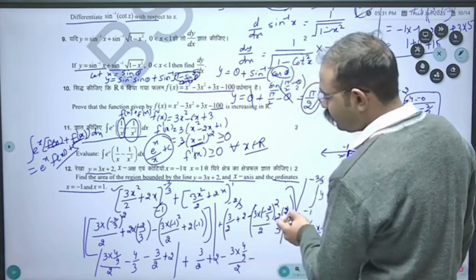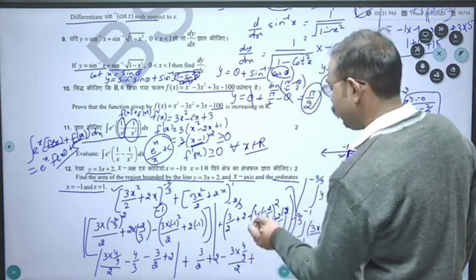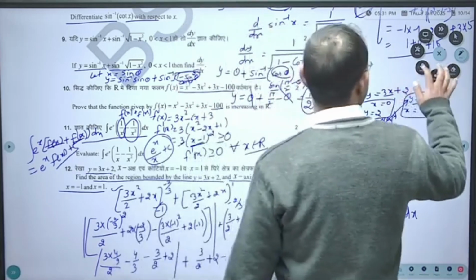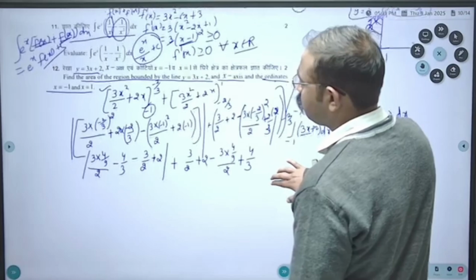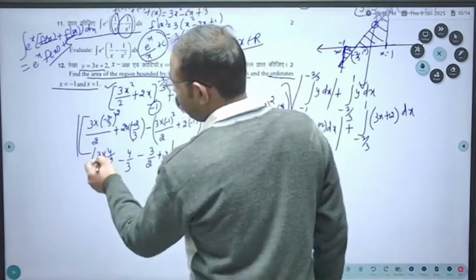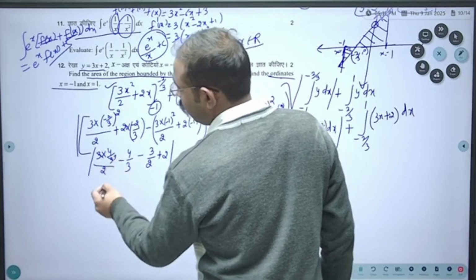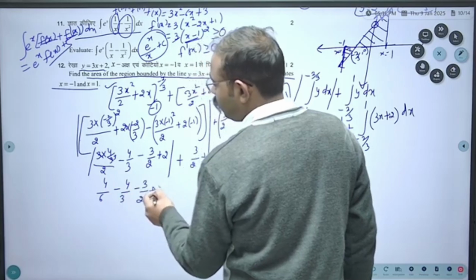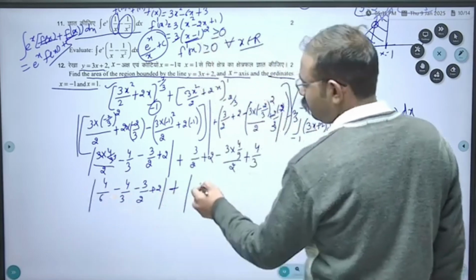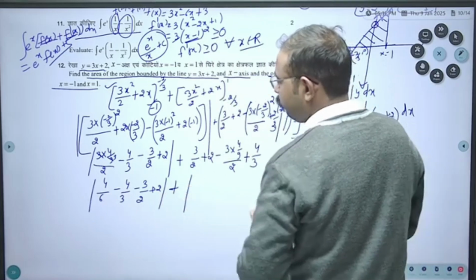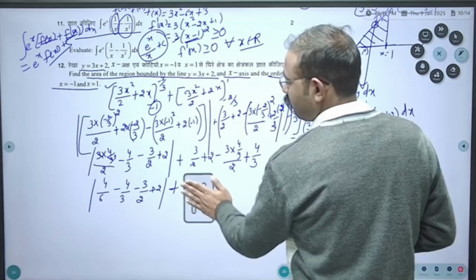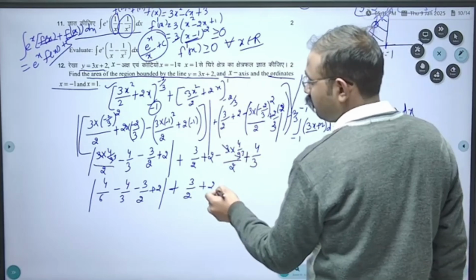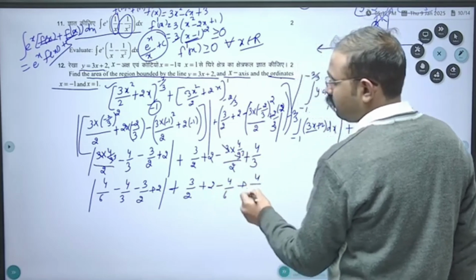This 2 multiply minus 2 is minus 4, and multiply by this minus, then plus 4 upon 3. 3 ones are 3, 3 threes are 9, upside 4, downside 2, 3 twos are 6, minus 4 upon 3, minus 3 upon 2, plus 2, plus 3 by 2, plus 2, 3 threes are 9, 4 upon 6, plus 4 upon 3.